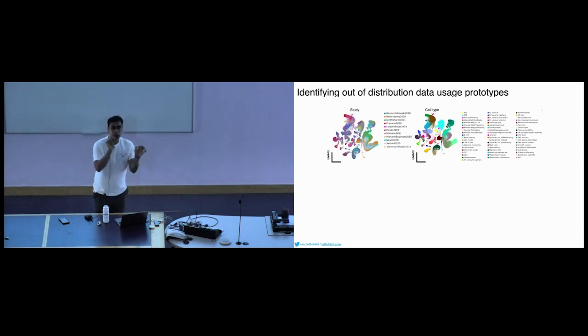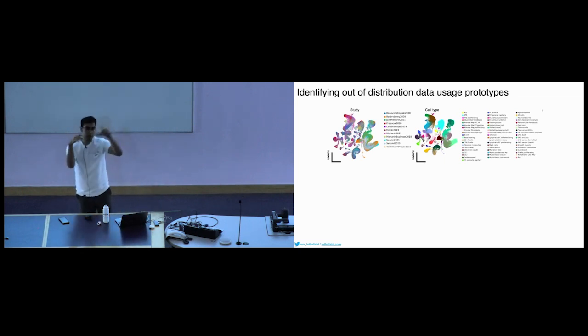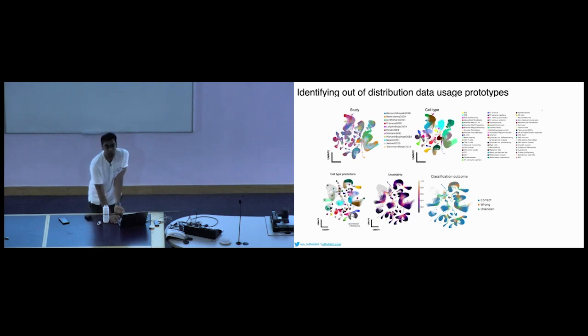Another interesting part is that all these prototypes that I showed, those circles, could be used for cell type transfer. So if you have a query data set, then you can map it to the latent space, and then based on the anchors, based on the distance, transfer cell type annotations from the reference to the query. But they also have a very interesting behavior that you can use for inferring uncertainty.